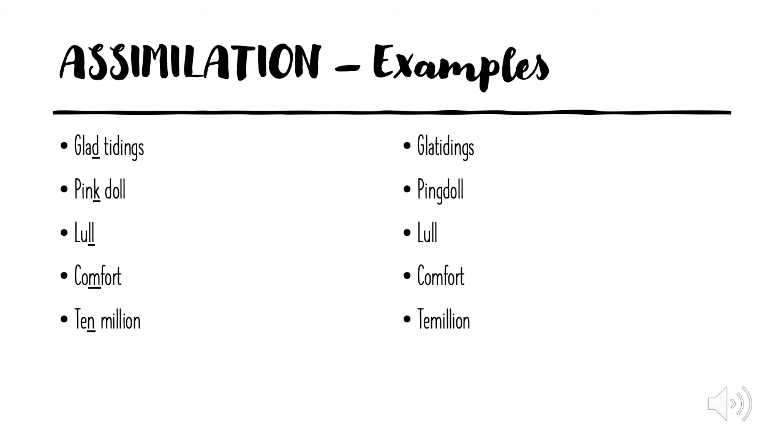In the next word, "lull", you observe that there is some difference in the way the two l sounds are pronounced. L by itself is an alveolar sound, which is pronounced with the tip of the tongue touching the roof of the mouth. But when it comes to the second l sound, you observe that there is a slight pushing back of the tongue. It is not exactly on the alveolar ridge that the tongue touches.